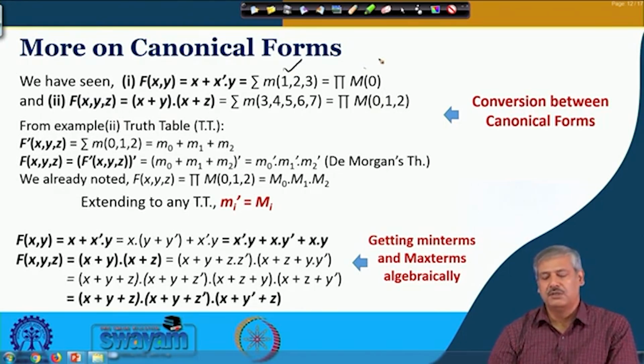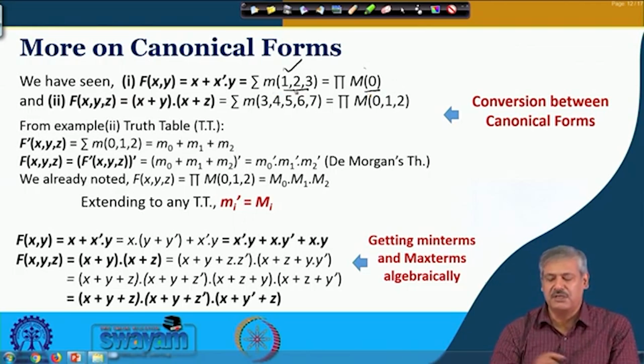So, there are 4 possible terms in terms of decimal equivalent 0, 1, 2, 3. If 3 go to one form, the remaining one out of the whole set is in the other. So, if min term contains 1, 2, 3, max term will contain 0.